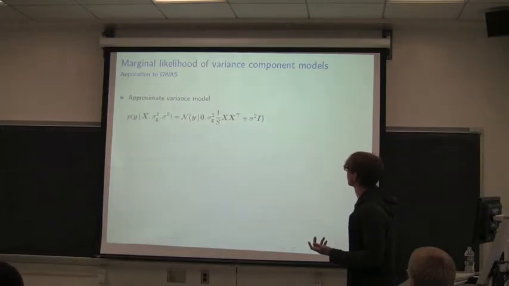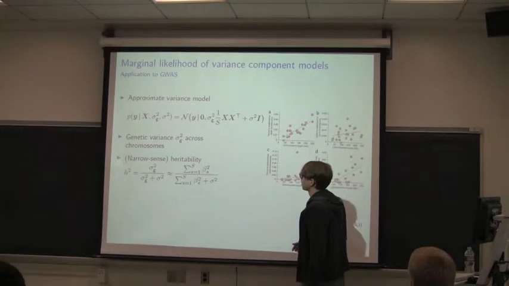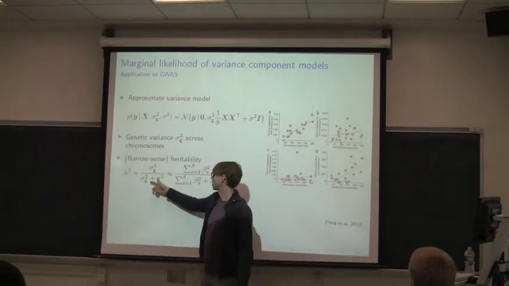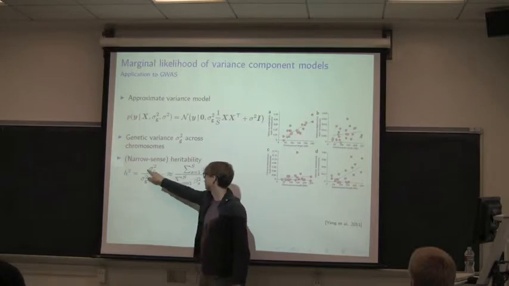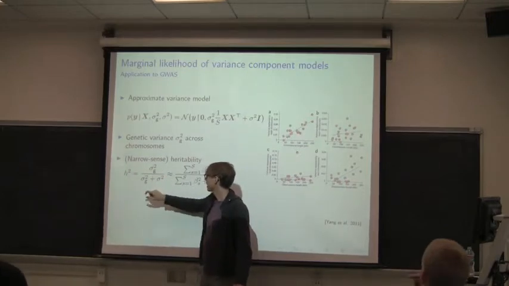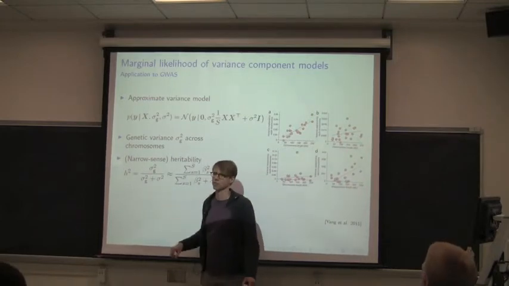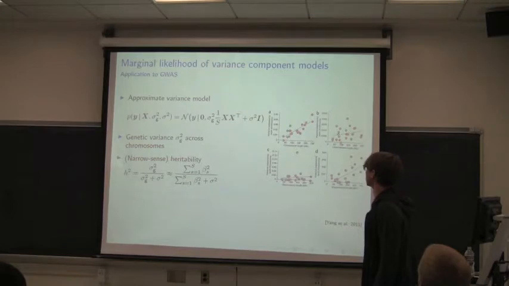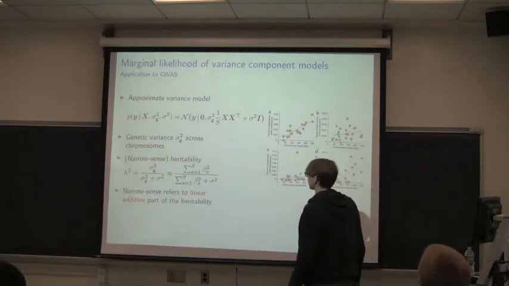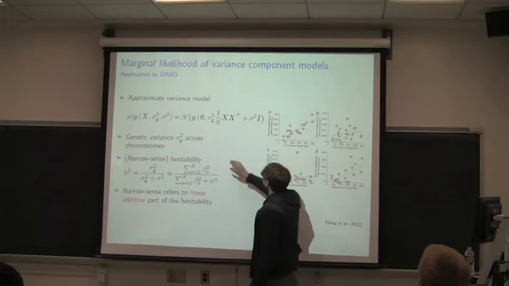If you maximize these with respect to the parameters, we can get an estimate of the amount of heritability, which is defined as the variance due to genetics over the total variance of the phenotype, and the total variance is just the sum of the two. We can do that for different sets of SNPs.